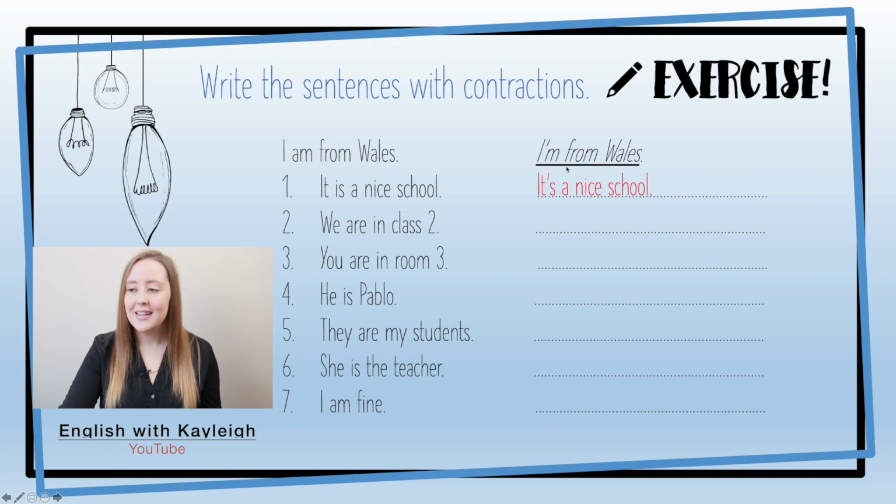Look at the answer. It's a nice school. Now I'm going to pause the video and you're going to have 2 minutes to write down the other answers, questions 2 to 7. Then we'll go through the answers together. Good luck!